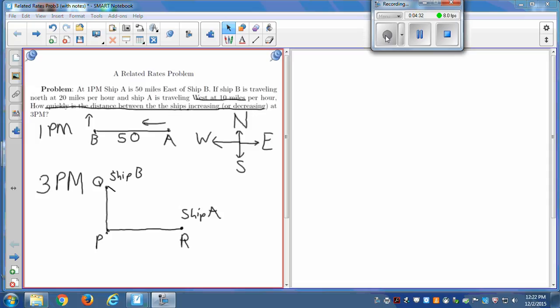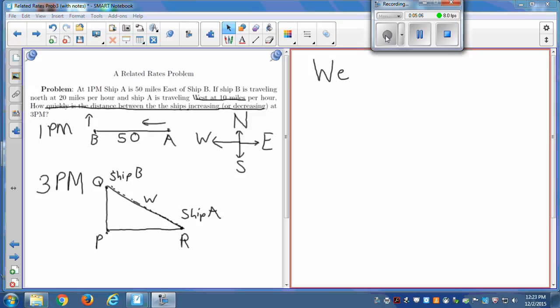So what we want to know is basically how quickly the length of this line, we'll call it W, is changing at 3 p.m. In particular, we want to find the rate of change in the length W with respect to time at 3 p.m. That's what we want.